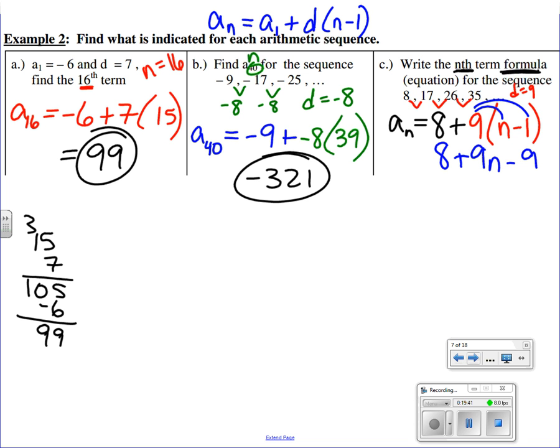Can I do anything else? What can go together? 8 and negative 9, which is what? Negative 1. What's another answer that would be correct? 9n minus 1. Okay? Either way you want to write it. So that's the answer to that one. Okay? Are we good? Okay.